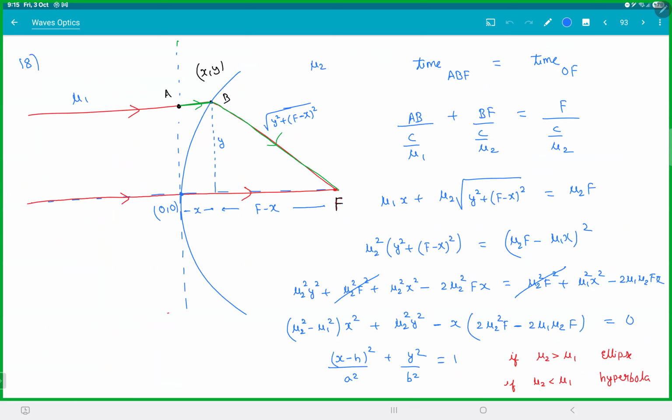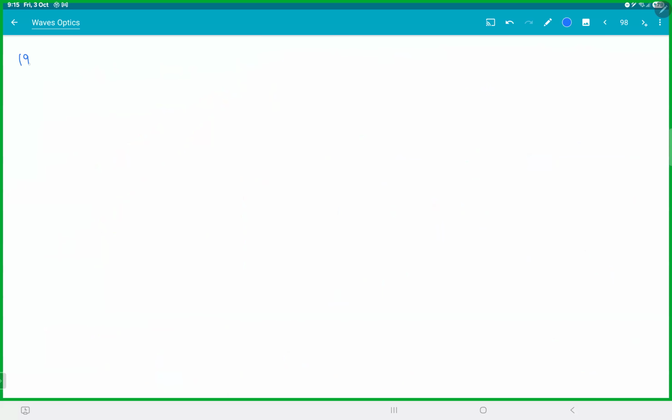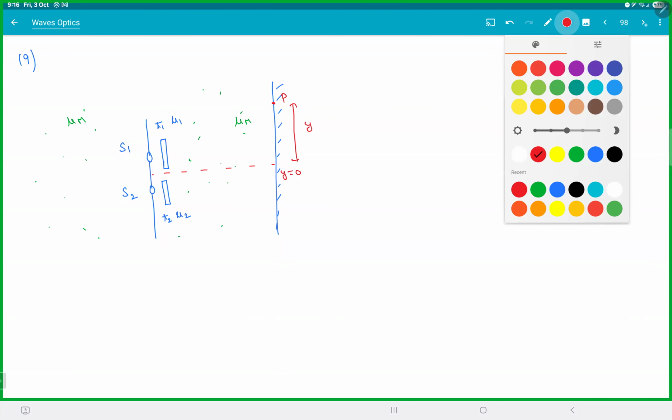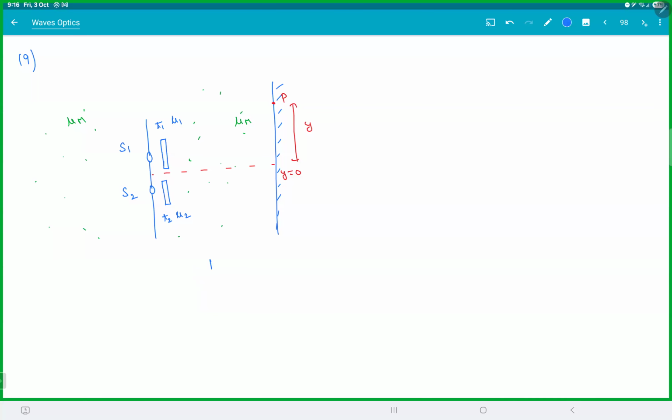Now you guys do this question. This whole region is filled with medium mu medium. This would be a simple mains-level question.